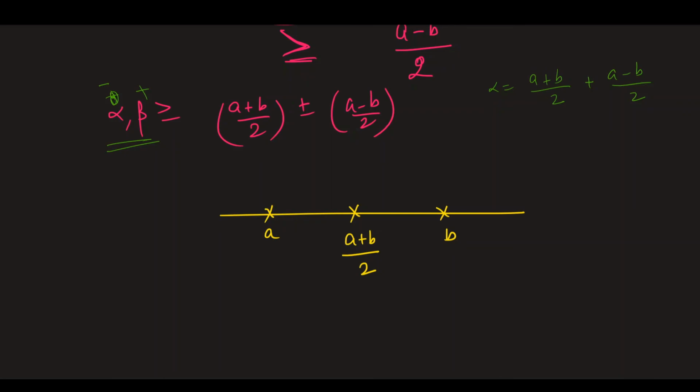So it suggests that one root is greater than B, and one root is less than A.